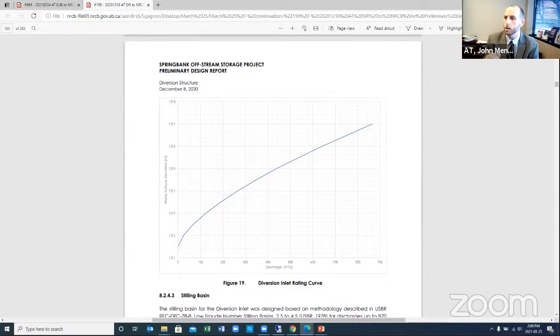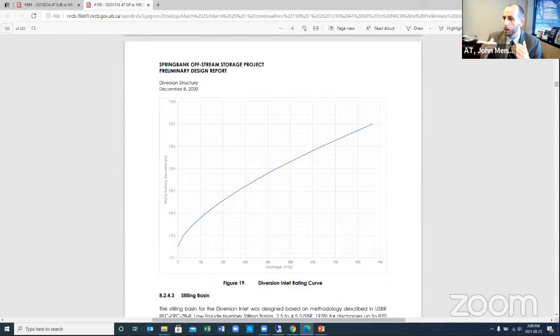The elegant solution about SR1 in the proposed operations scheme is as water flows down through the Elbow River, we're measuring it. When it gets to an elevation that we know represents 160 cubic meters per second at the service spillway, we open up, or slightly prior, we open up those gates on the diversion inlet.